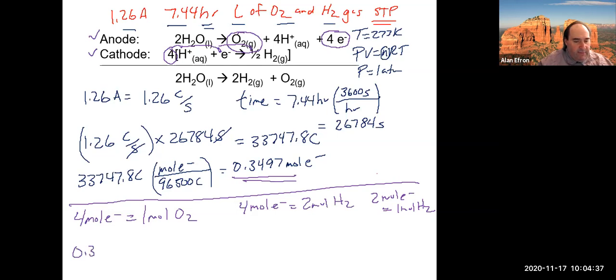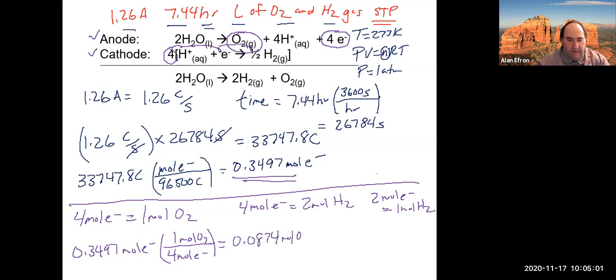So we got 0.3497 moles of electrons going for our O2. That will give us 4 moles of electrons to 1 mole of O2. And that means for our O2, we will end up with 0.0874 moles of O2. We'll do the same calculation for our H2.